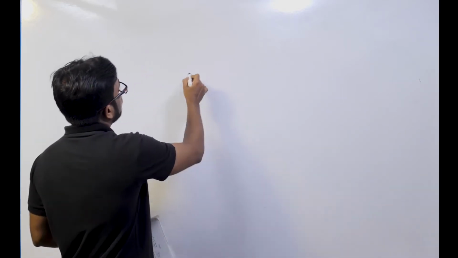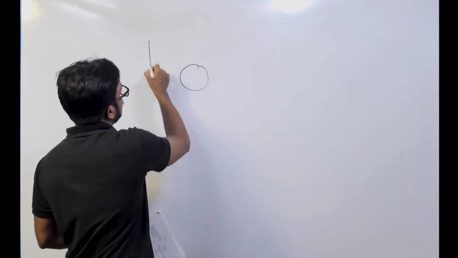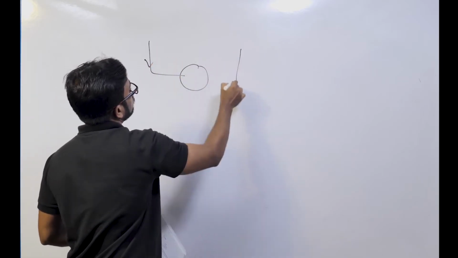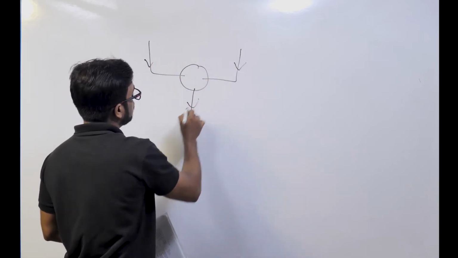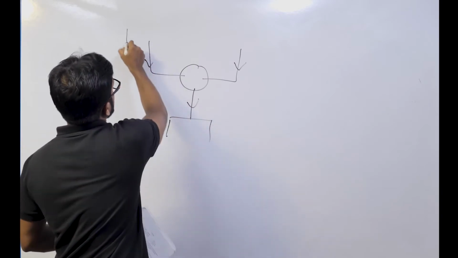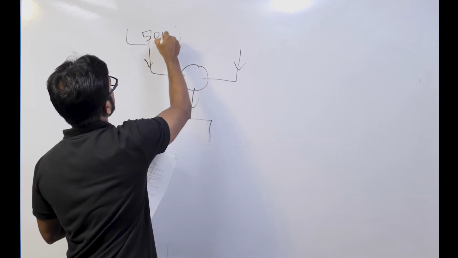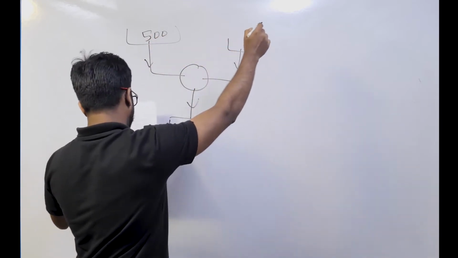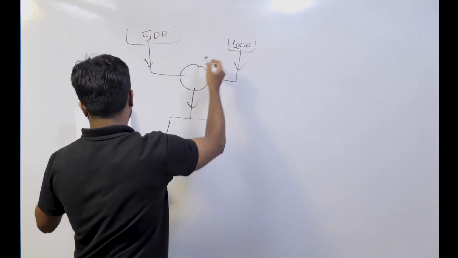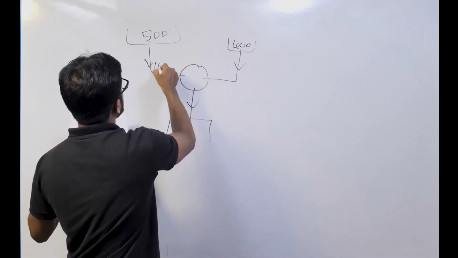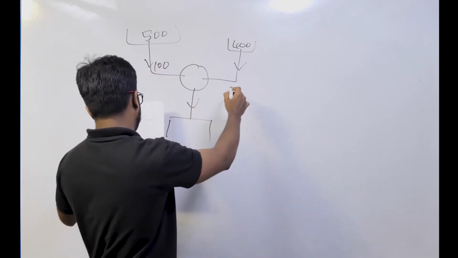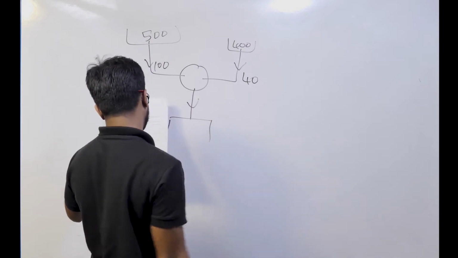So here they have given a cycle, but we can go like this. There is a cycle which is receiving heat from two sources and rejecting heat to a single reservoir. So what are the sources? Sources are at 500 Kelvin and the other one is at 400 Kelvin. It is receiving 100 kilojoule at 500 Kelvin and 40 kilojoule at 400 Kelvin.